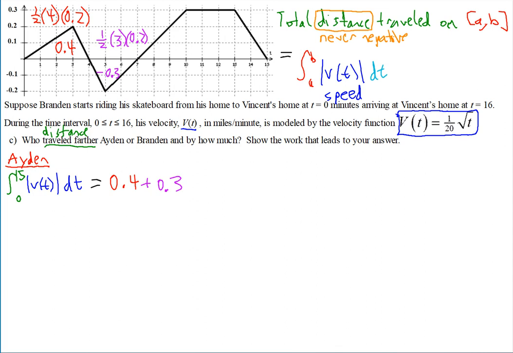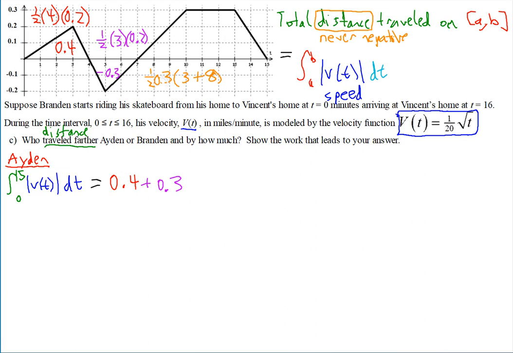And then this one you can split into 2 triangles and a rectangle, or you can just do it as one big trapezoid, which is what I'm going to do. So remember, for the area of a trapezoid, it's 1/2 the width, from here to here, between the parallel lines, which is 3. And then the heights are the lengths of the parallel lines. So this one is a length of 0.3, plus this one from 7 to 15 is 8. Oh sorry, it's not 3, it's 0.3.